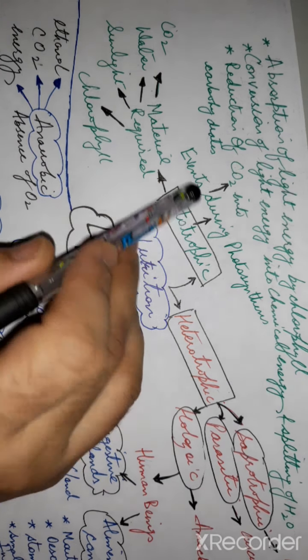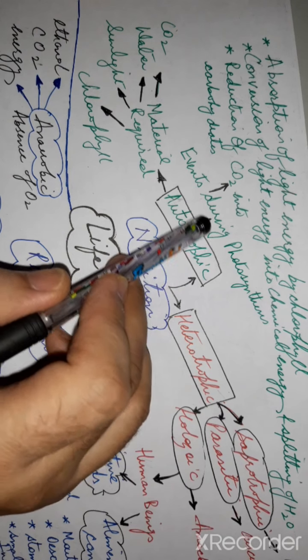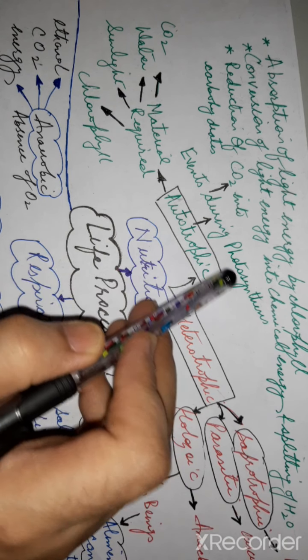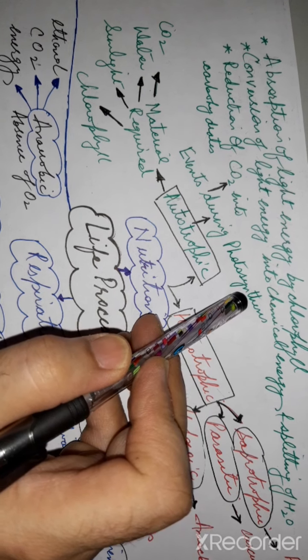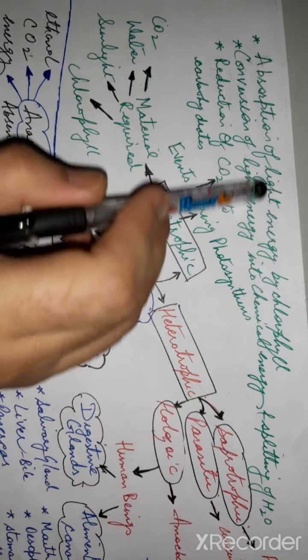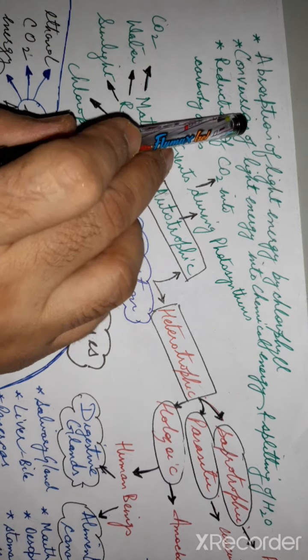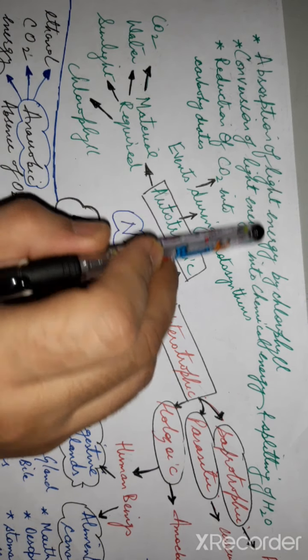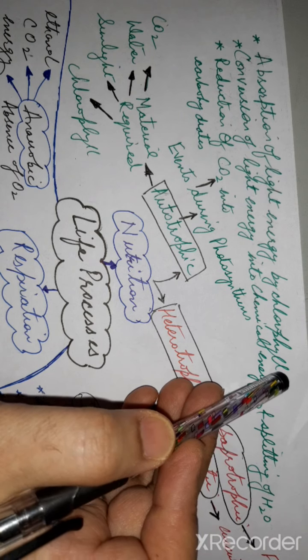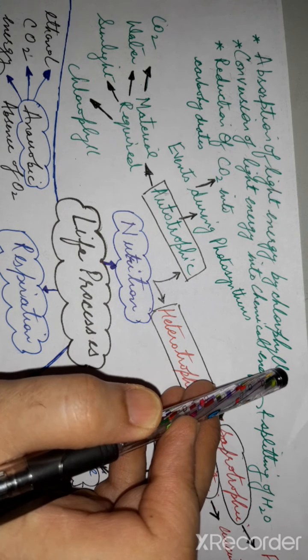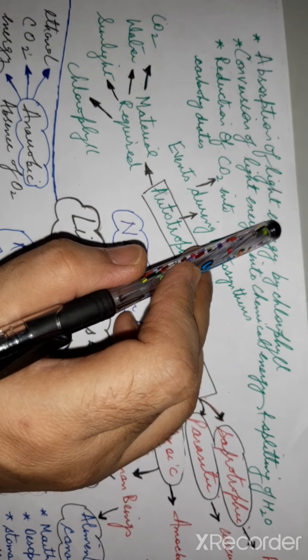Now there are basically 3 events which occur during photosynthesis. What are those basic events? One is absorption of light energy by chlorophyll. So the chlorophyll, which is green pigment, absorbs the light energy.